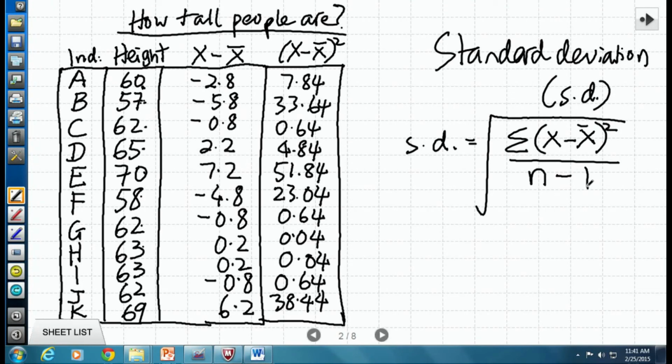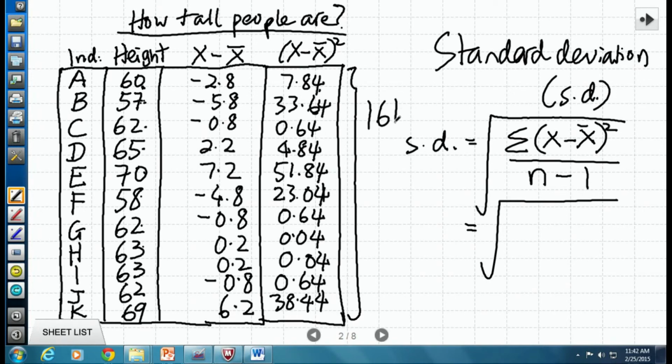So in this case, the total will be this, everything here, totaled up. 7.84 plus 33.64 plus 0.64 plus 4.84, 51.84, add them up. This will be 161.64.